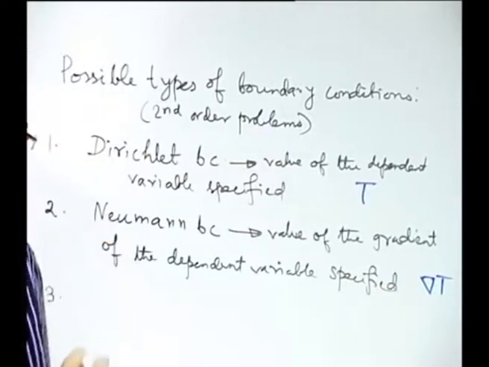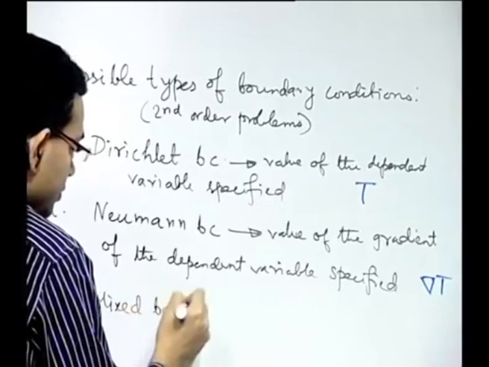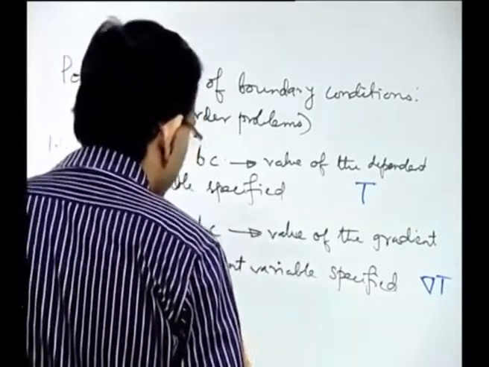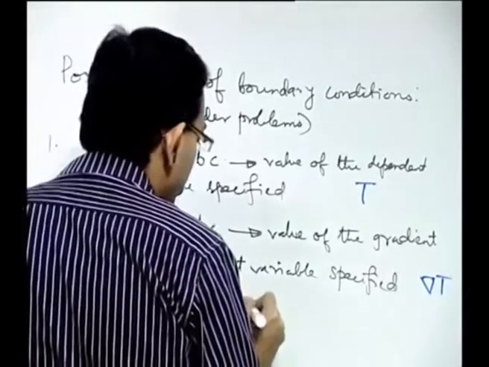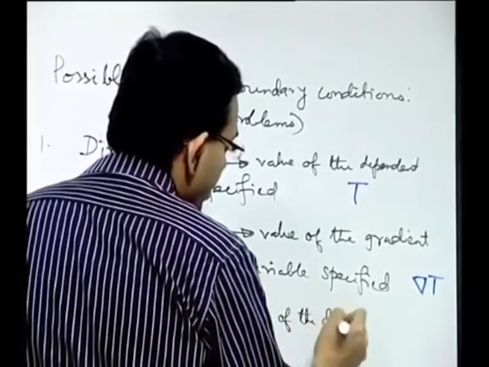The third type of boundary condition is called as mixed boundary condition, where value of the dependent variable is expressed as a function of the gradient.